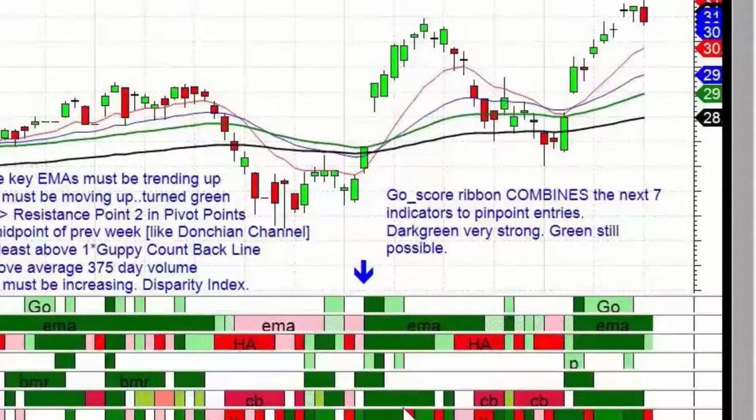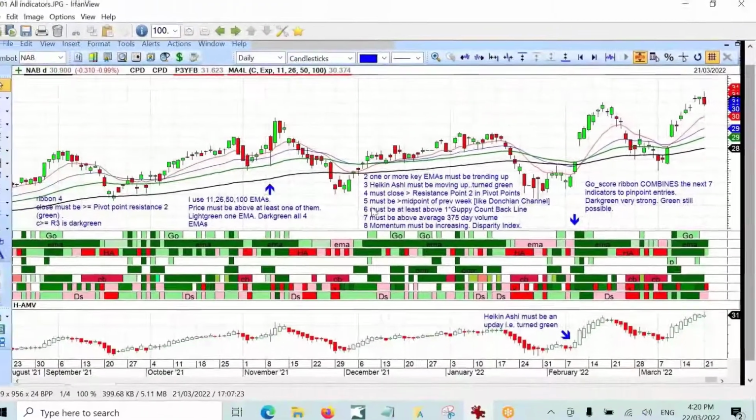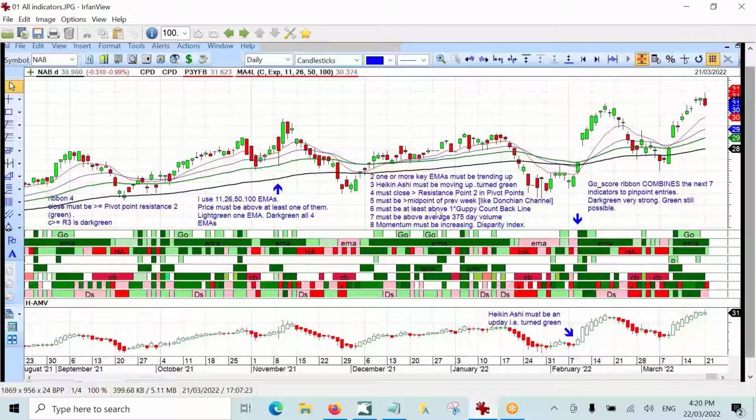If it's a lighter shade of green, it's still in contention, but it's probably only just crossed 1 countback line. Again, for the purposes of my GoScore, I just ask that it is at least above 1 Guppy countback line. So it's escaped any troughs and is not being dragged down.